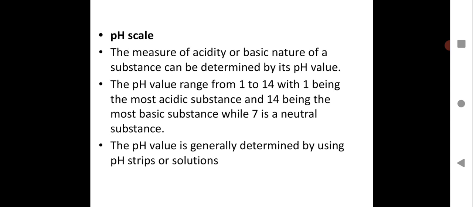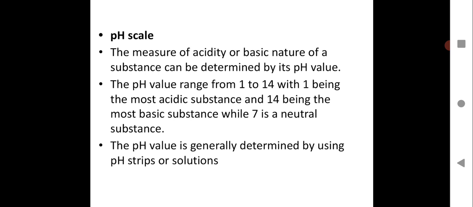The scale has values from 1 to 14, with 1 being the most acidic substance. So the number 1 is given to the most acidic substance when we start from 1. I hope this is very clear. So 1 will be most acidic and 14 will be the most basic.